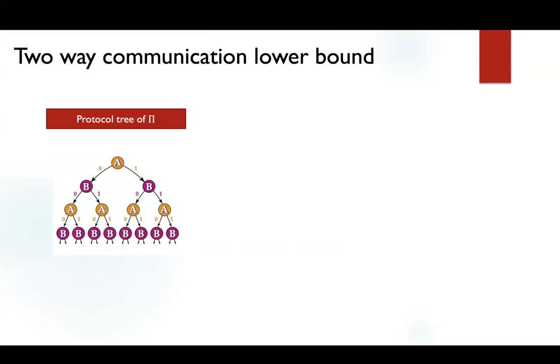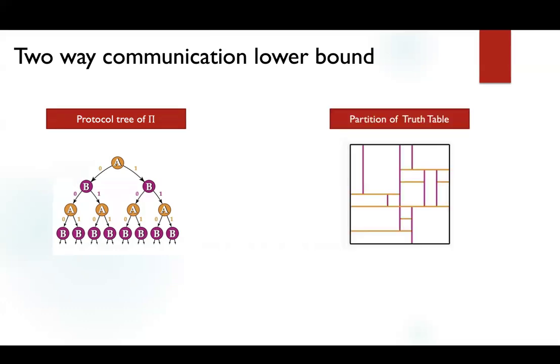Moreover, the protocol partitions the truth table of the problem into different rectangles. So each node in the protocol tree corresponds to a rectangle, which is a subset of the truth table.